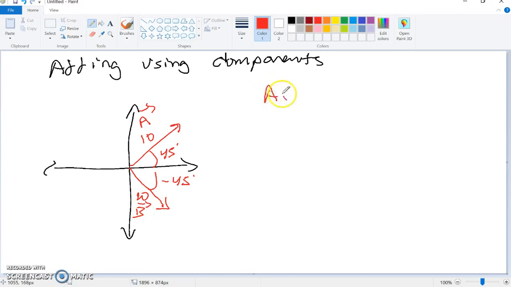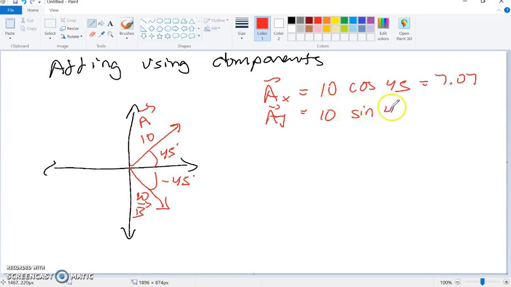So we can say AX is equal to 10 cosine 45, which equals 7.07, and AY is equal to 10 sine 45, which is equal to 7.07. We know that already. What about BX and BY? See if you can pause the video and come up with BX and BY on your own.